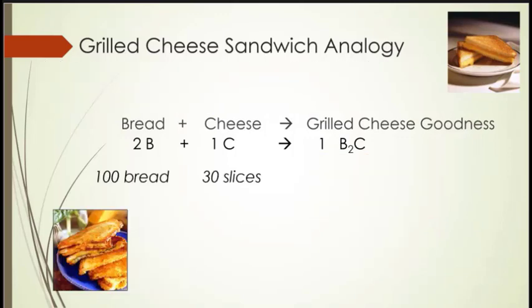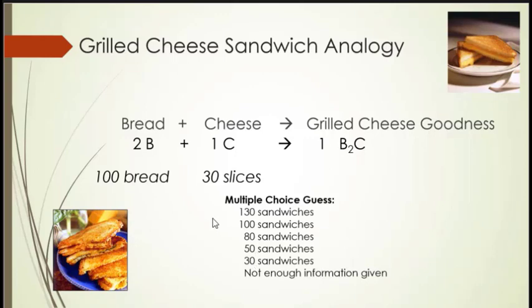Let's say I had 100 pieces of bread, 30 slices of cheese. How many sandwiches could I make? Could I make 100 sandwiches? Could I make 130 sandwiches? 80, 50, 30, or am I not given enough information? Think about that. Well, we just said that I was limited by my cheese.